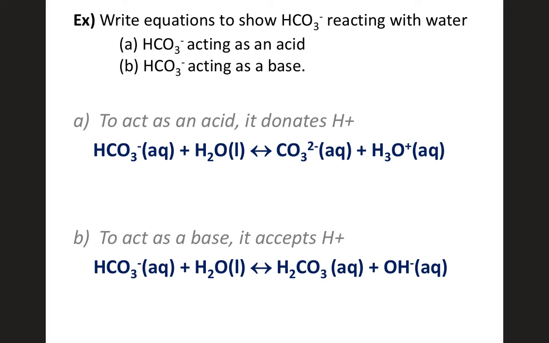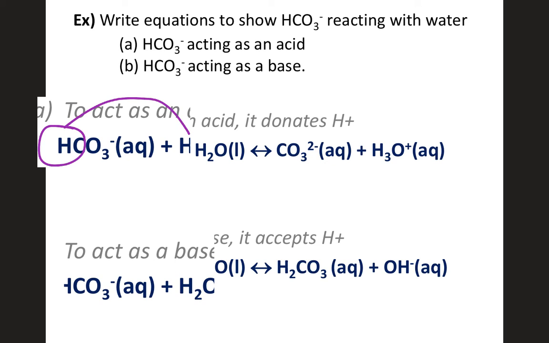Another very common amphoteric substance is bicarbonate. You might have noticed that we saw it as both a conjugate acid and a conjugate base of some very common substances. So in reaction A here, we have it reacting as an acid, where it's going to donate the hydrogen. So we have the hydrogen going over to the water to form hydronium, and then bicarbonate simplifies down to just regular carbonate.